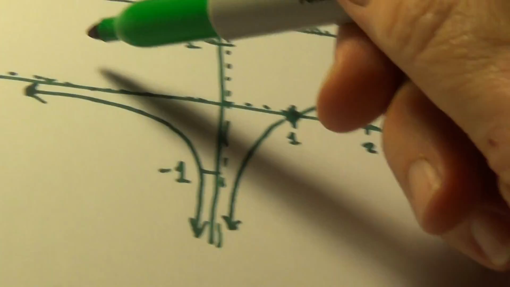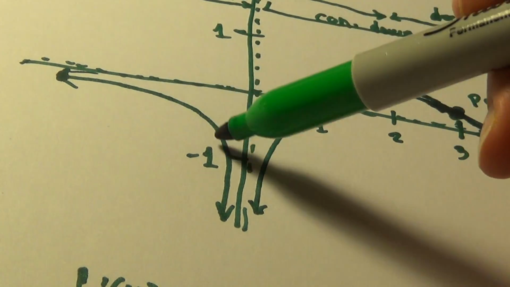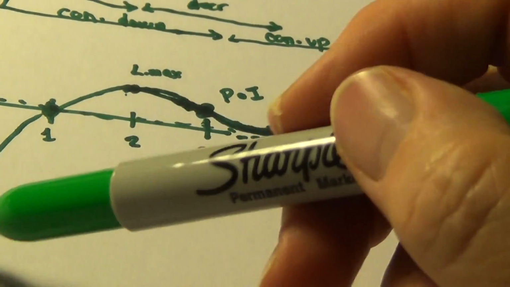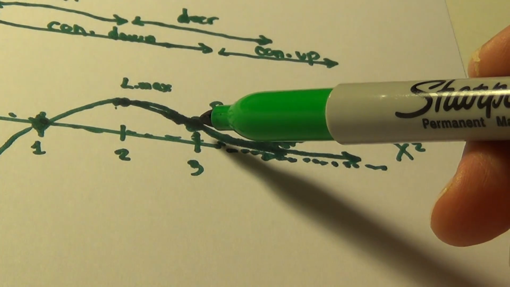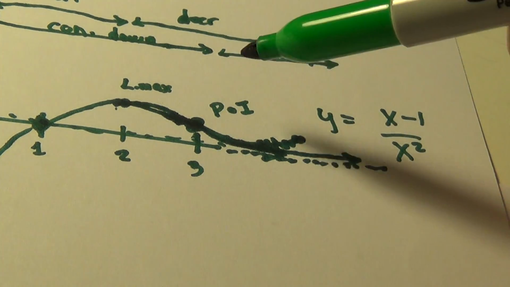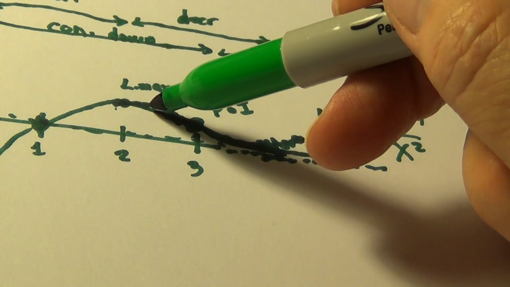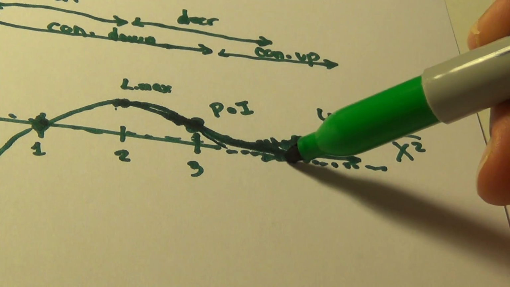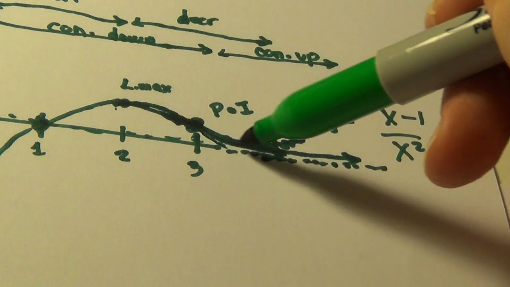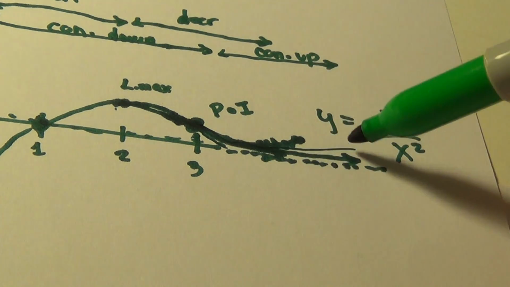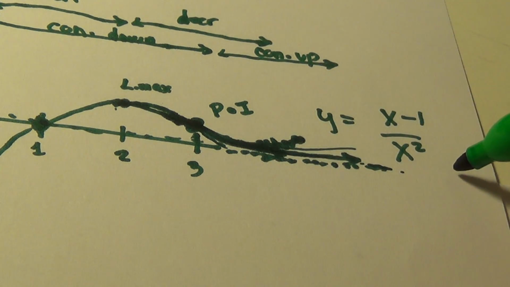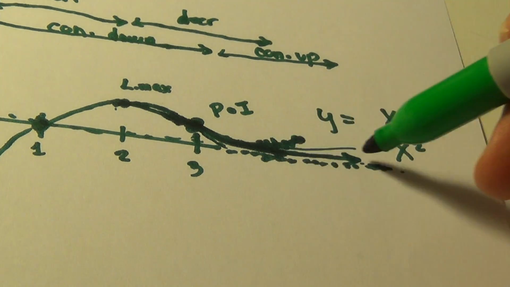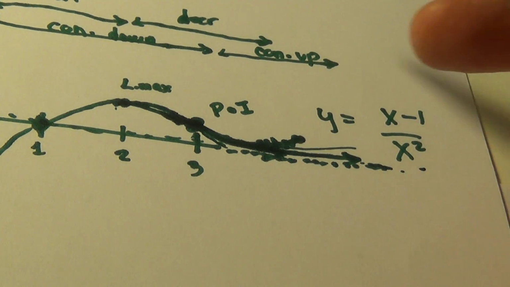So we've followed all the clues. Concave down, max, concave down, point of inflection, concave up. Can you see the frown started smiling? It's a very little smile, but it is a change in concavity, and it'll become asymptotic, always hugging and getting closer and closer to this horizontal asymptote.